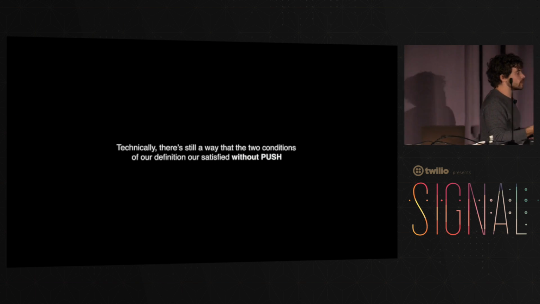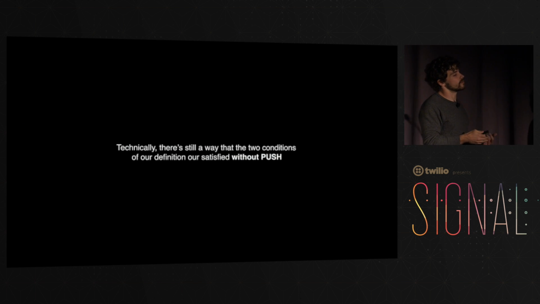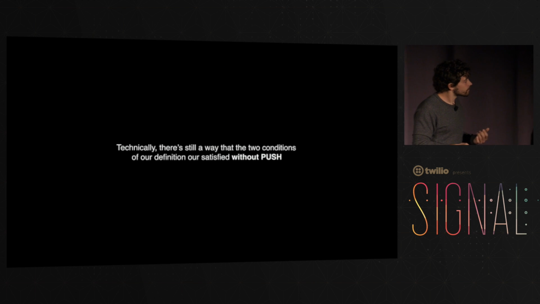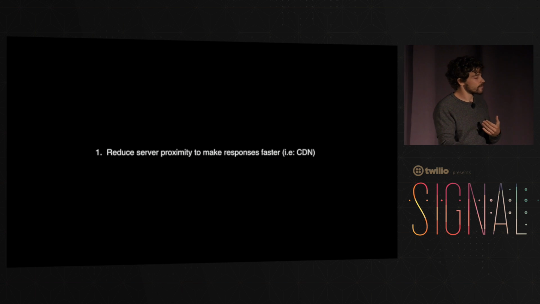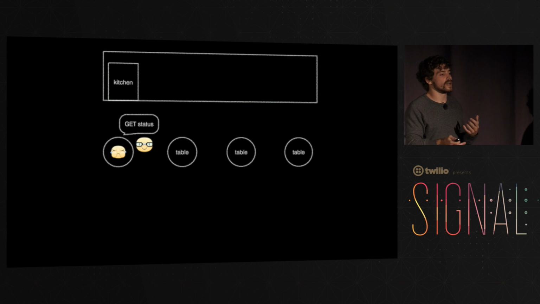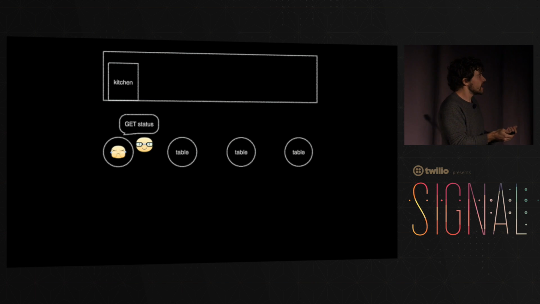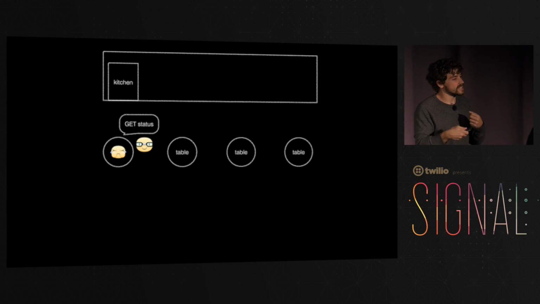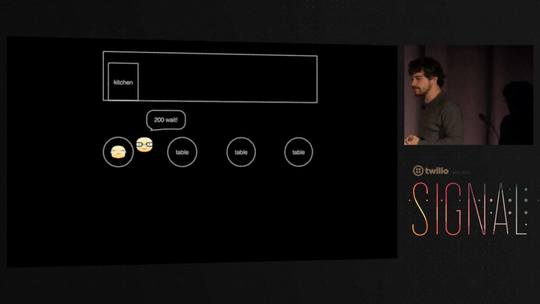But if we look at our previous characteristics that we defined, that the system has to be fast and self-updating, we actually find that if we reduce the latency between the client and the server, so for example, in our analogy, it would mean that the server is very physically close to the person that's asking, and therefore, even if the client is asking very frequently, the responses will be fulfilled very fast.